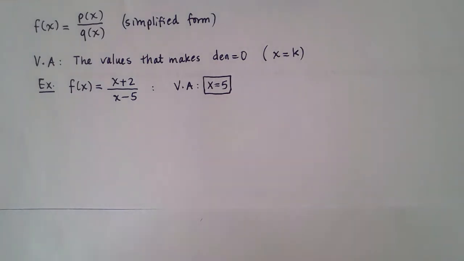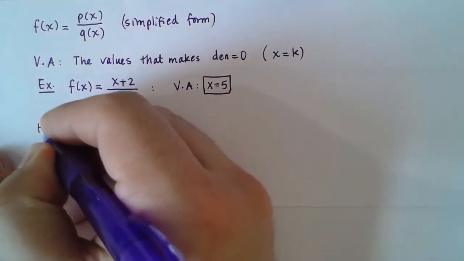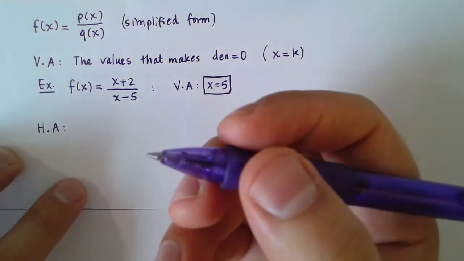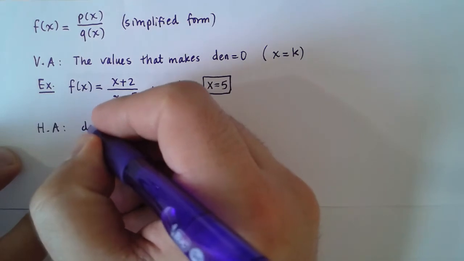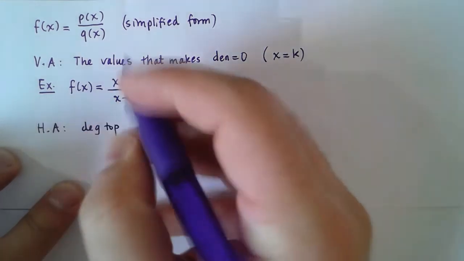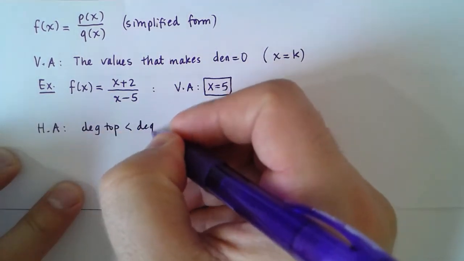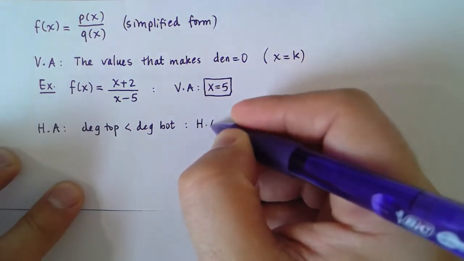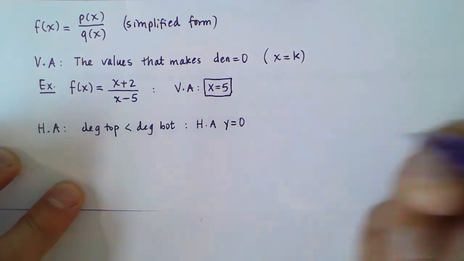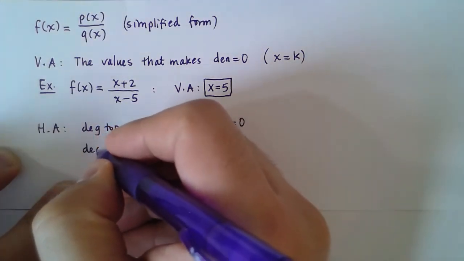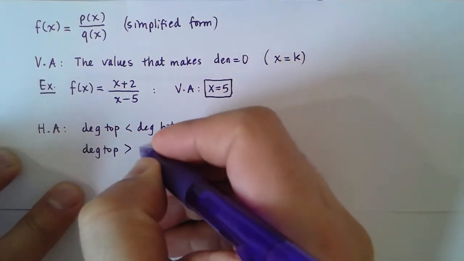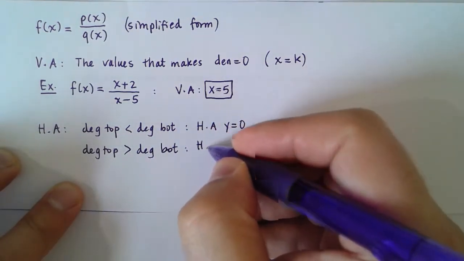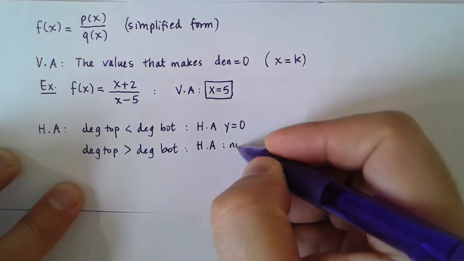So if you want to find the horizontal asymptotes, now you check the degree of the top and the bottom. If the degree of the top is less than the degree of the bottom, then we have a horizontal asymptote y equals 0. If the degree of the top is greater than the degree of the bottom, then in this case the horizontal asymptote is none.